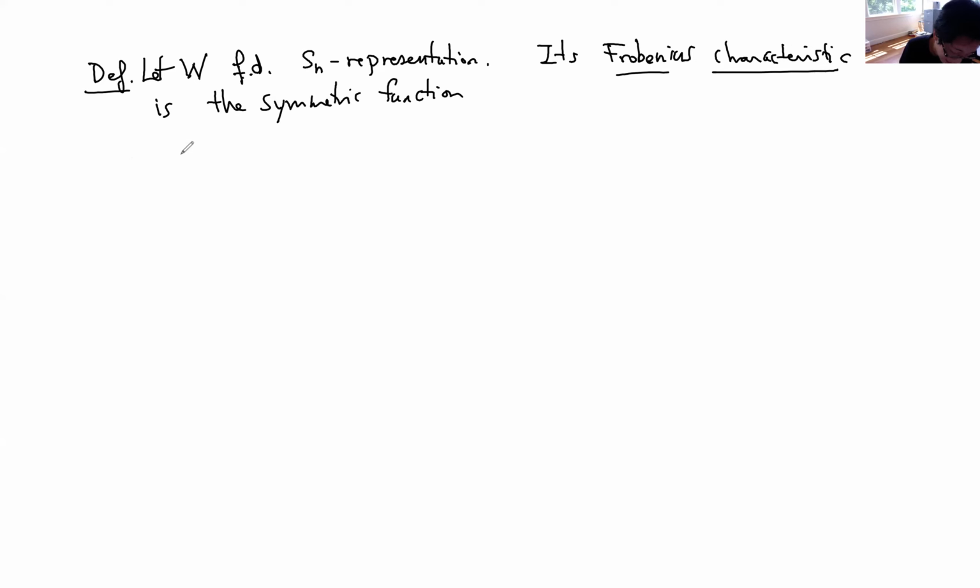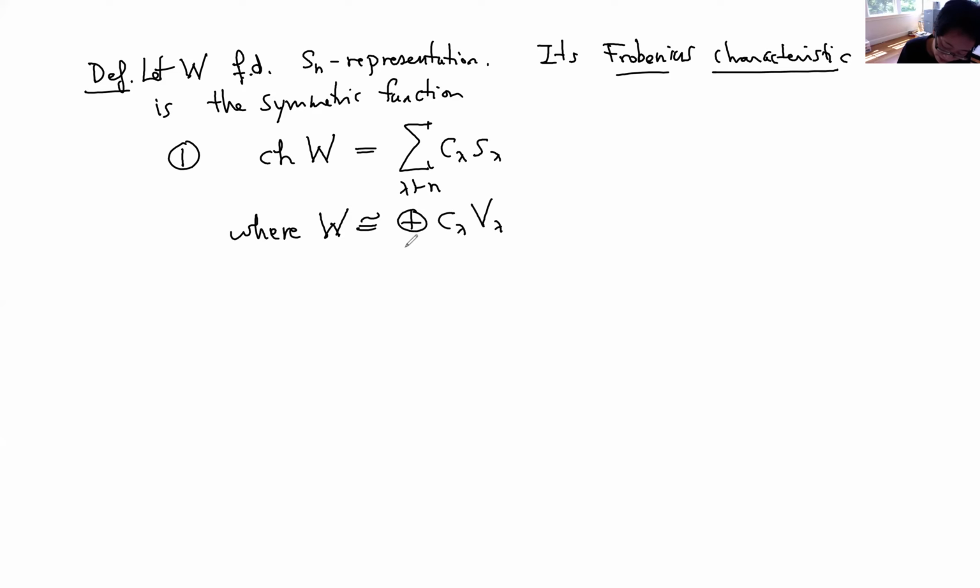Okay, there are two ways to define it, and I claim they're the same. So I'll denote the characteristic by ch of W. And the first way to define it is just as a formal sum of S lambdas. Here lambda ranges over partitions of n, where W is isomorphic to a formal sum of c lambda V lambda. So that's the first way to define the characteristic.